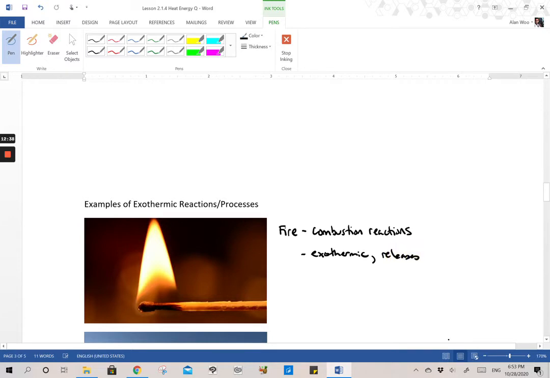Now, where the heat comes from, because it's exothermic, it releases stored energy within bonds. Because we're breaking the bonds and forming new substances in a combustion reaction, this is a good example of an exothermic reaction that is linked with a chemical change.